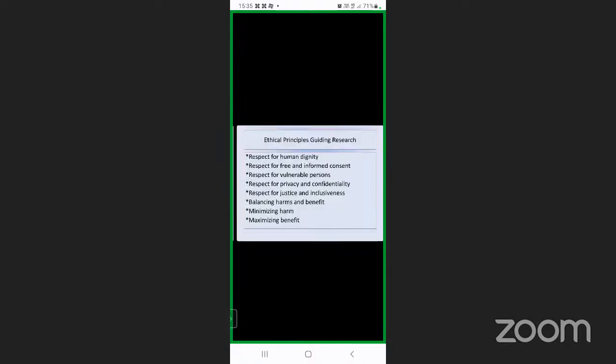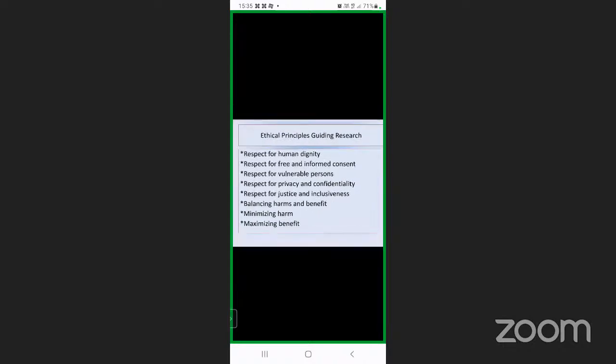Ethical principles which guide the research. These are the things which are useful for completing the principles of research ethics.